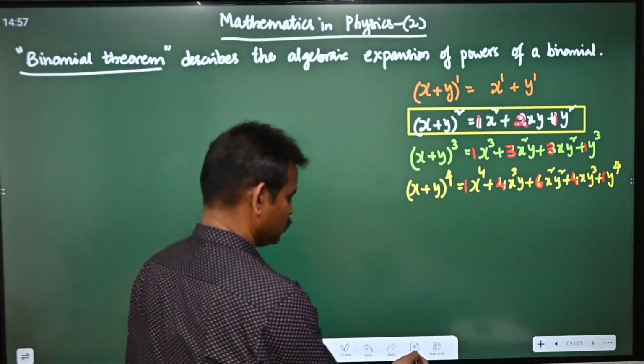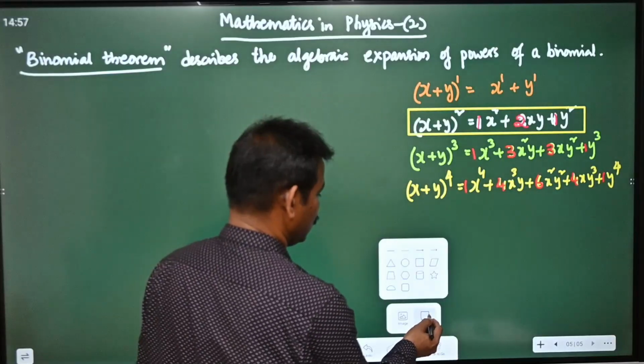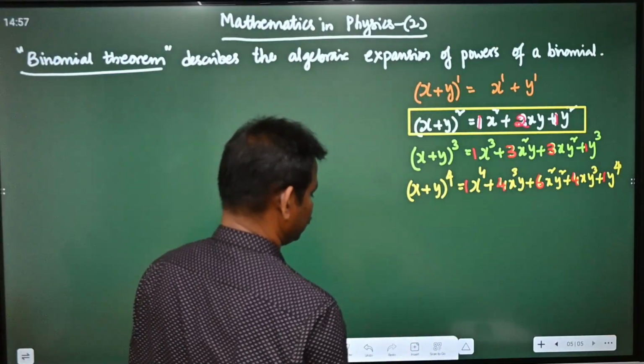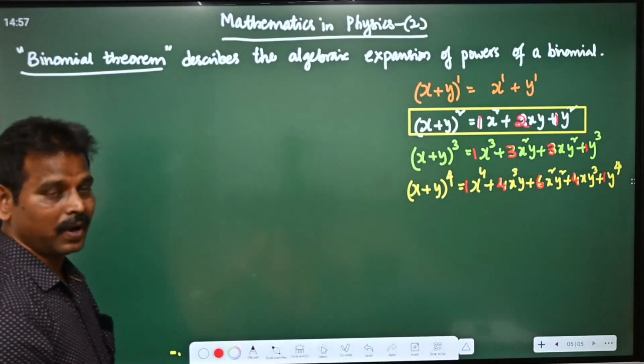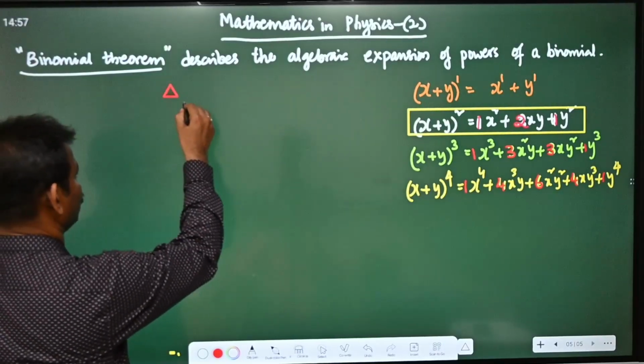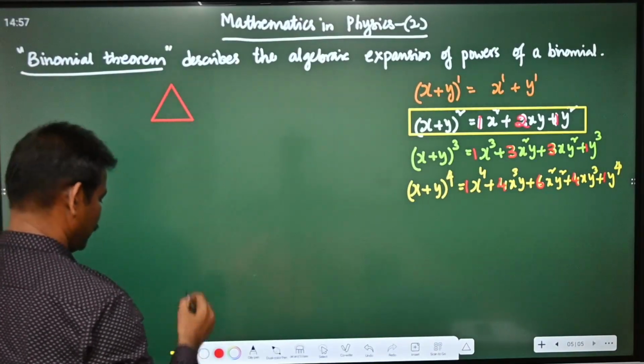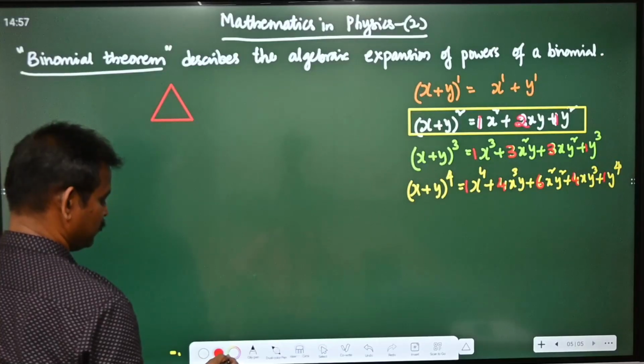For this, students, we have a triangle known as Pascal's triangle. So I am drawing this triangle here, the Pascal's triangle.